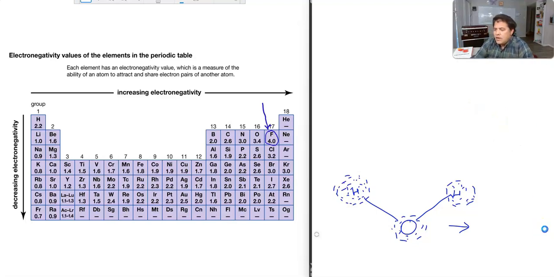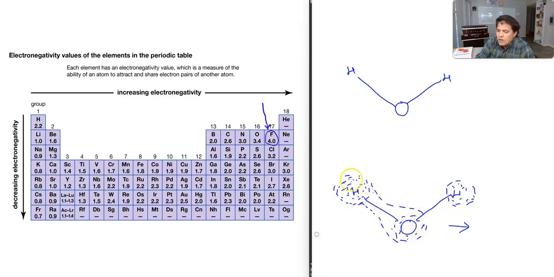Now this is the oxygen, this is the hydrogen, this is another hydrogen. The electron cloud is pulled by oxygen towards itself, and only a tiny amount of the electron cloud remains there, while more electron cloud accumulates here.